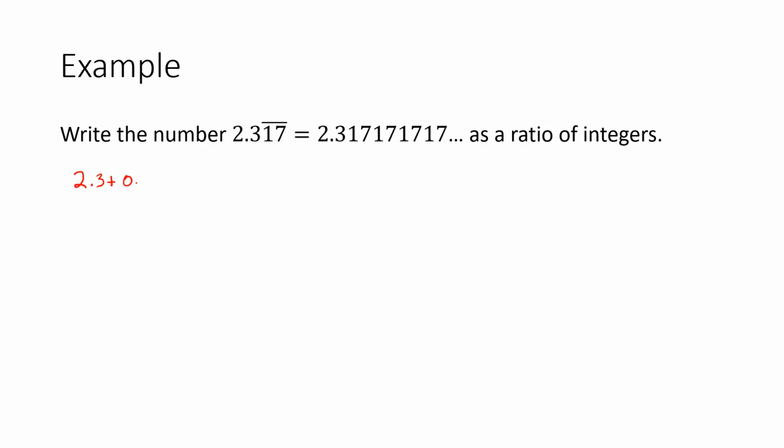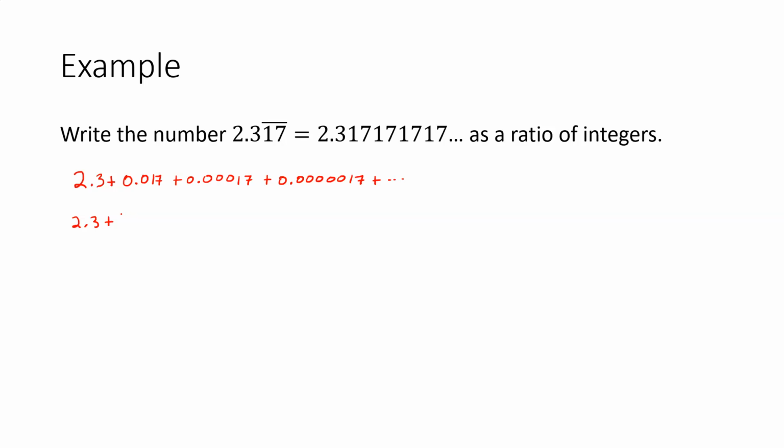And then the repeating part would be 0.017, and then another 0.00017, and then another 0.0000017, and so on. So you see this 17 part that's repeating will be the part that we can express as a geometric series.